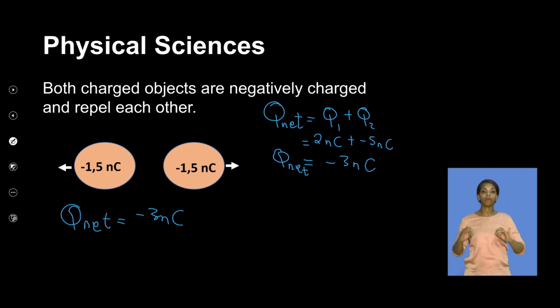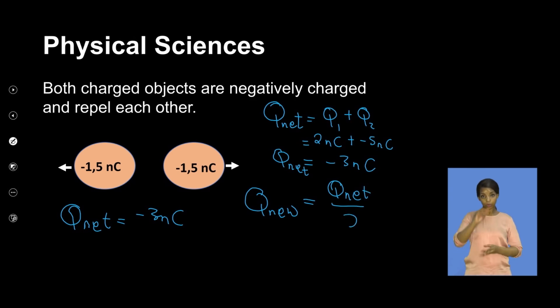The new charge that each one attains as a result of the contact process, which is a physical process, is equal to Q net, the total, divided by 2. Why do we divide by 2? It's because the charge is equally distributed. Then we get negative 3 nanocoulombs divided by 2.